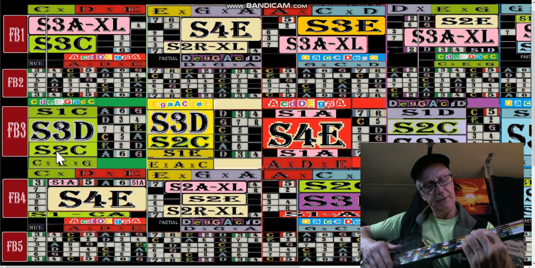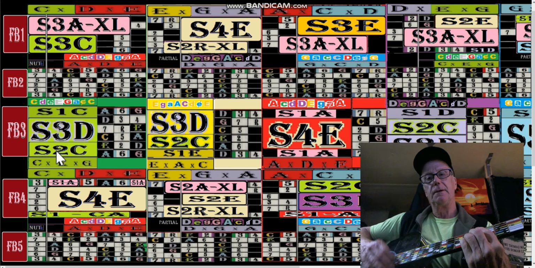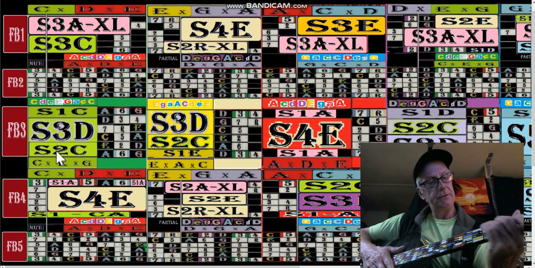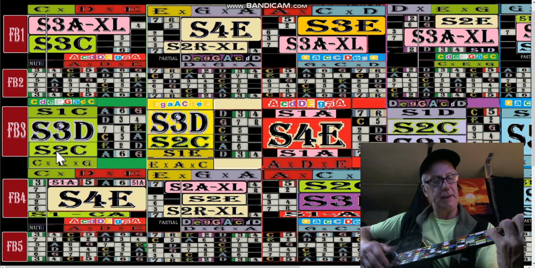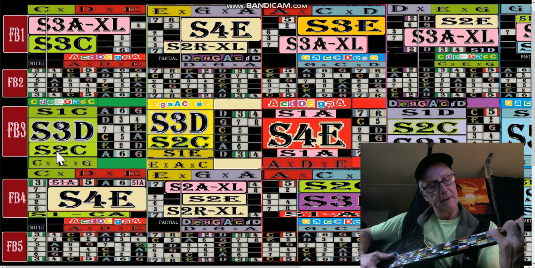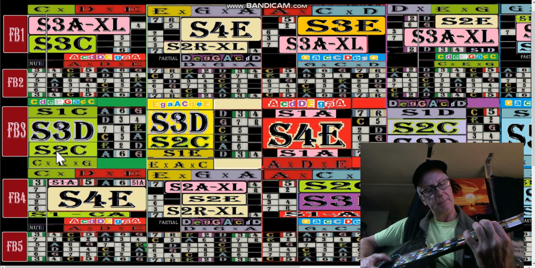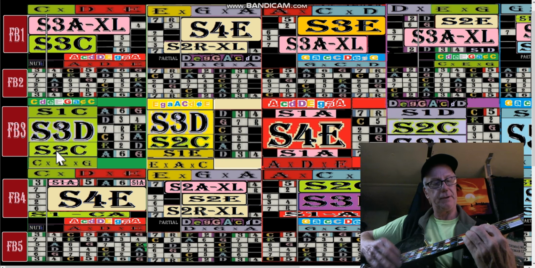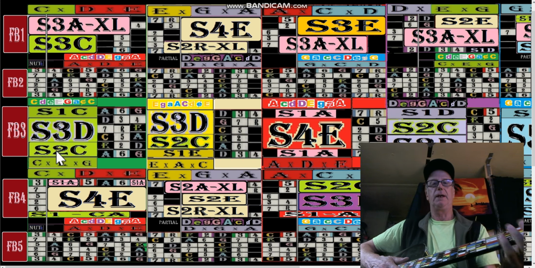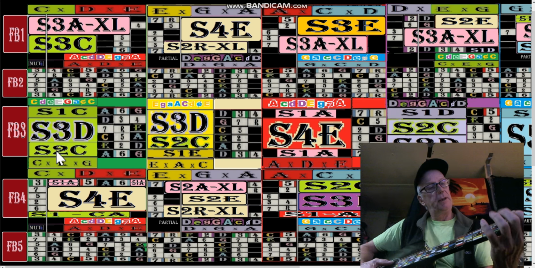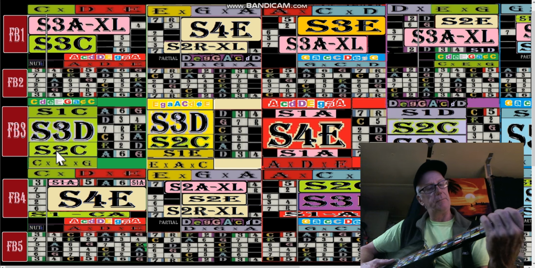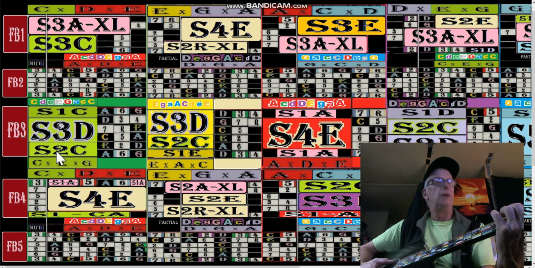That's the C-shaped A. There's the A-shaped D, and you notice that they're shapes that play into one another. They share this same A root here. So you could play the entire A scale from down there also, which would be the S2C.